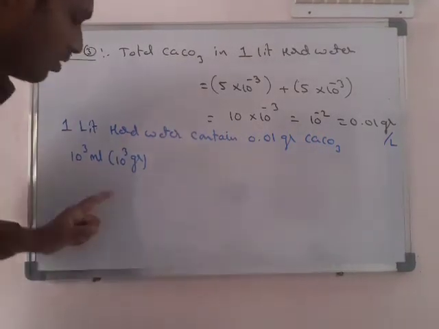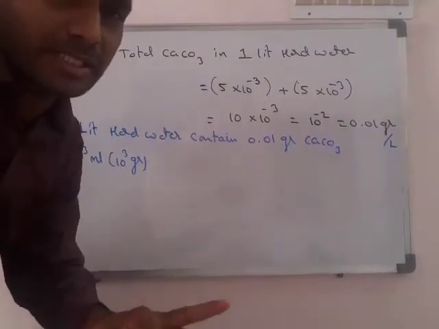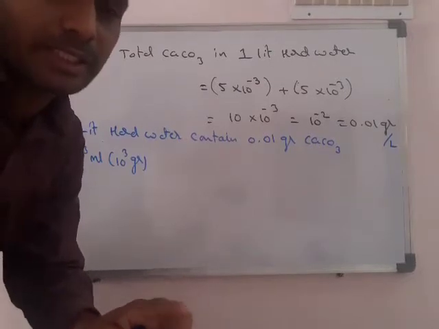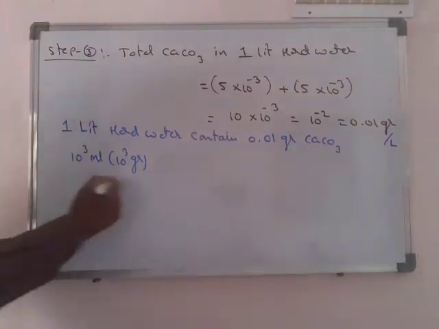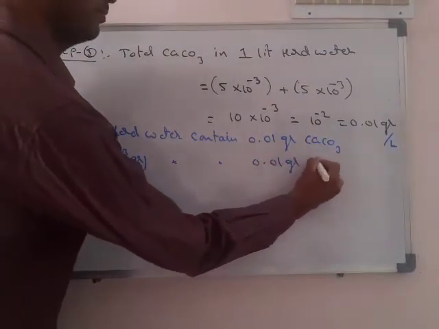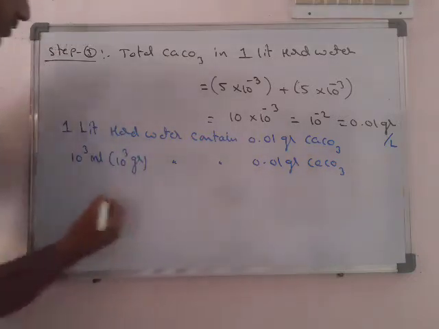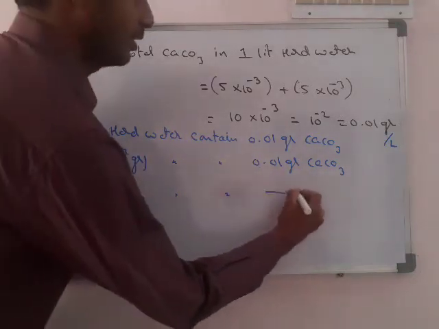Because what is the density of water? Density of water is 1 gram per milliliter. కాబట్టి milliliter మనం డైరెక్ట్గా గ్రామ్లో తీసుకోవచ్చు వాటర్కి. So hard water contains 0.01 gram of CaCO3. Then what about 10 power 6 gram of water is how much?